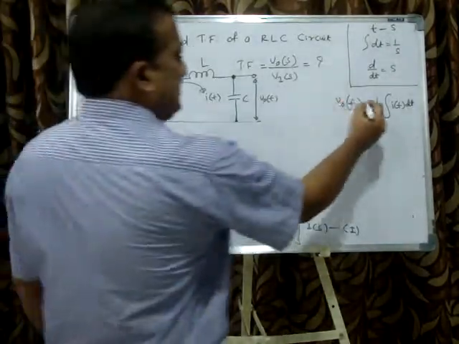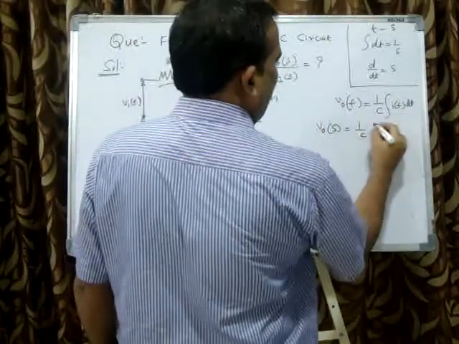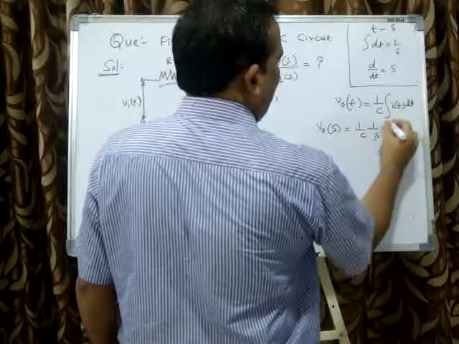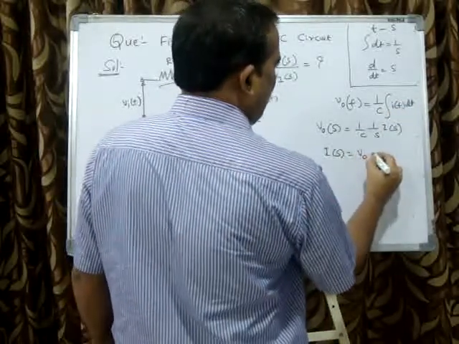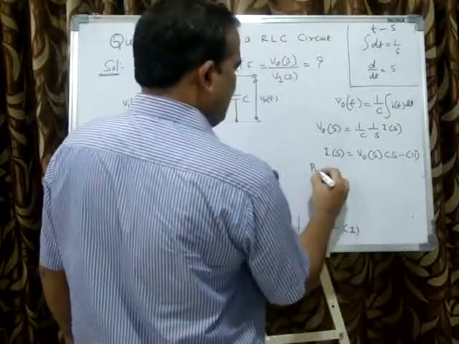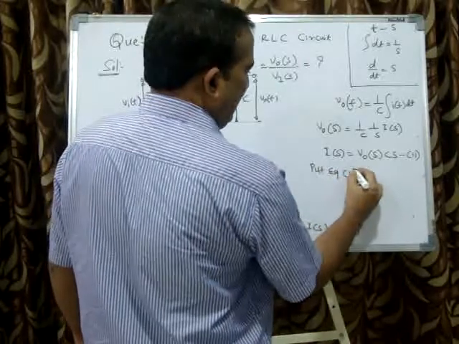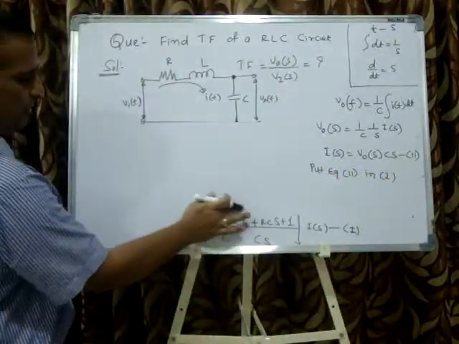So once again, V naught of s equals 1 by C, integration of i dt is 1 by s, and i of t becomes I of s. So I of s equals V naught of s Cs, equation number 2. Put equation number 2 in 1.